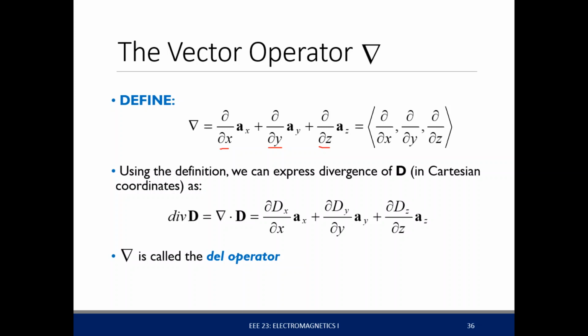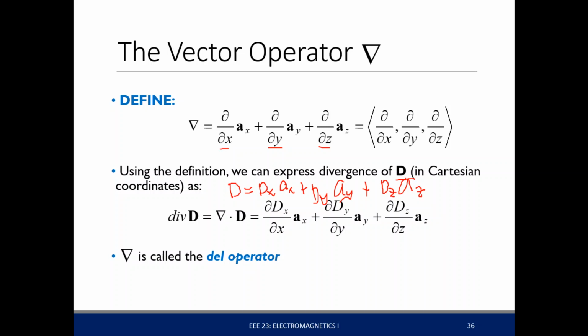So with this defined, we can actually express the divergence of an electric flux by using the dot product. Okay? So if we let D be expressed in Cartesian coordinates, it has an x component and a y component and a z component. Right?